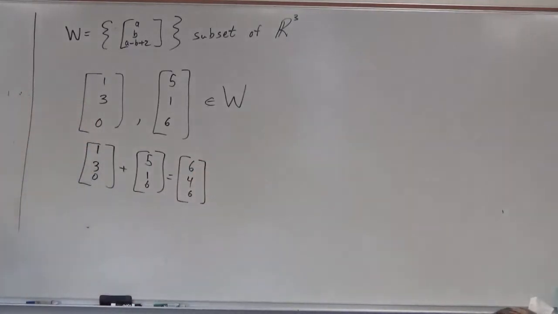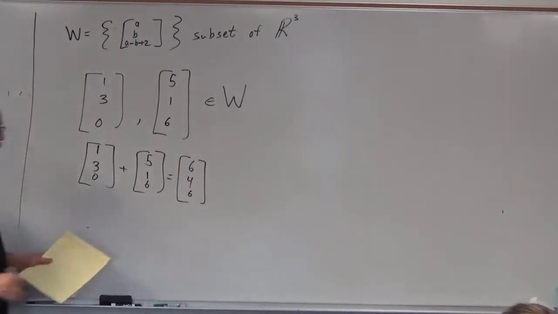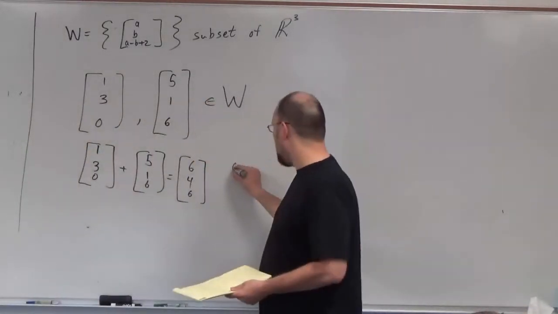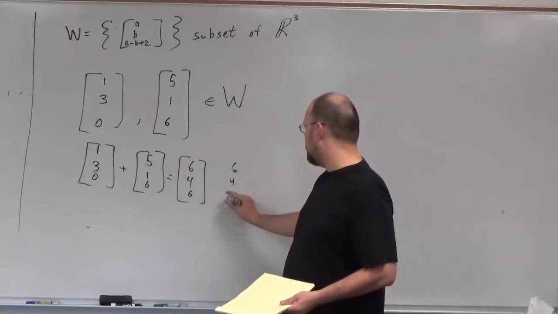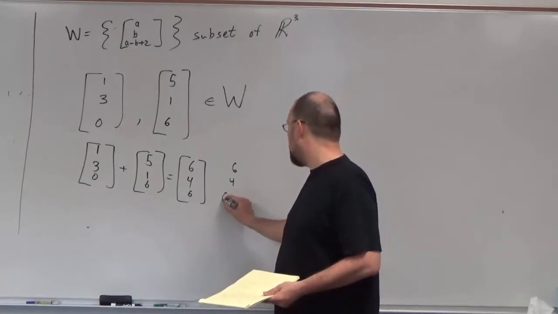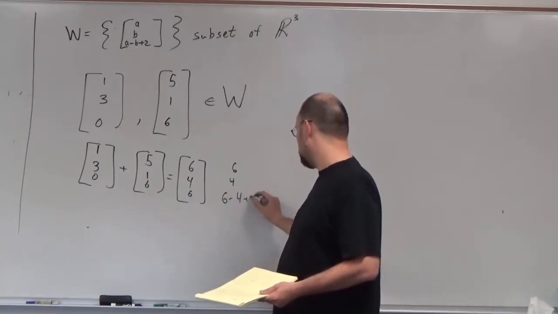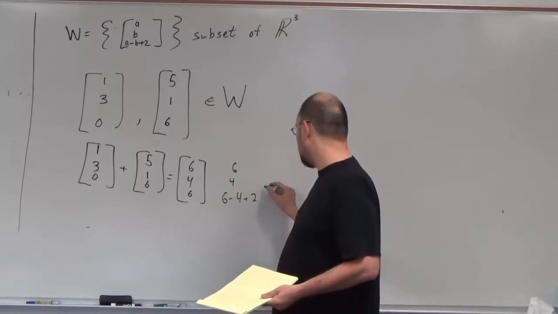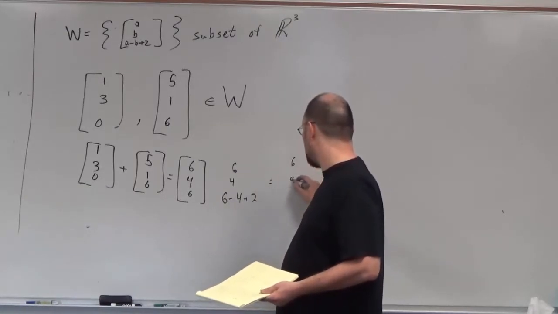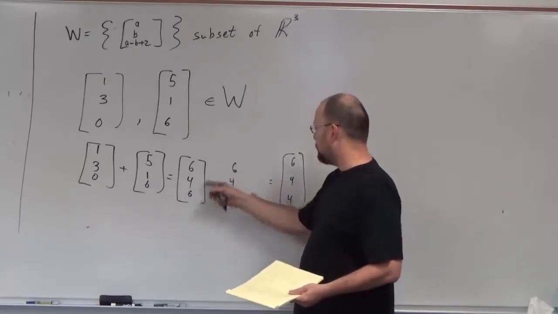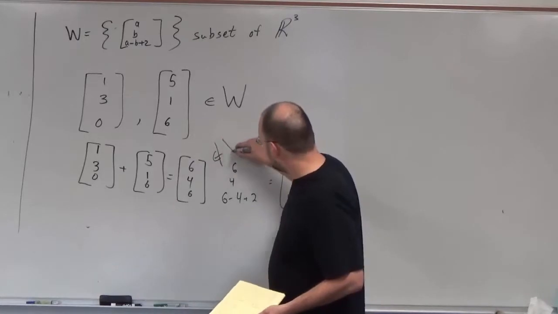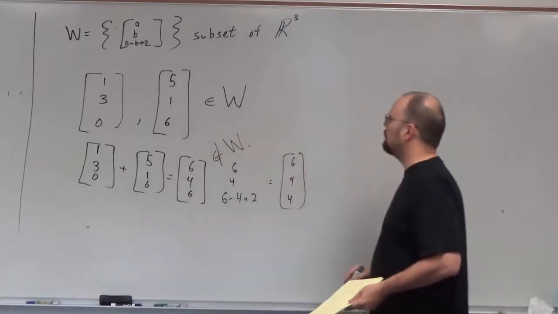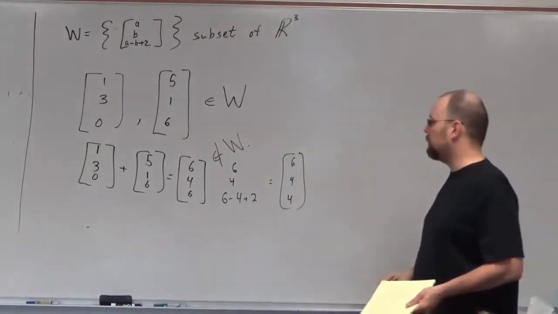Is this in W? How do we check? Well, if this is A and this is B, we would like the third component to be A minus B plus 2. But that's equal to 4, right? That's what we would expect to see if this result were in W, but this is not. So this is not in our set. So this set is not closed under addition.